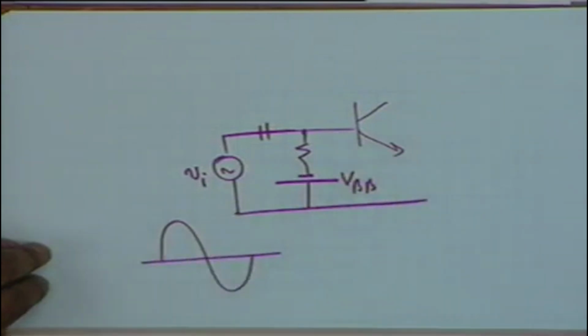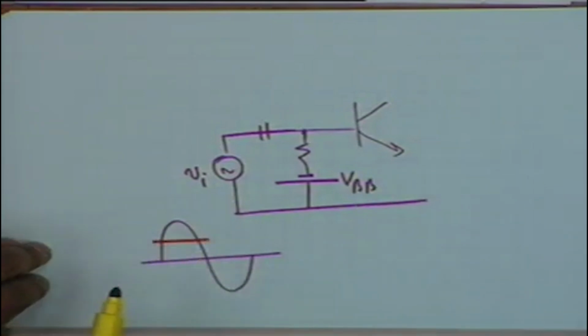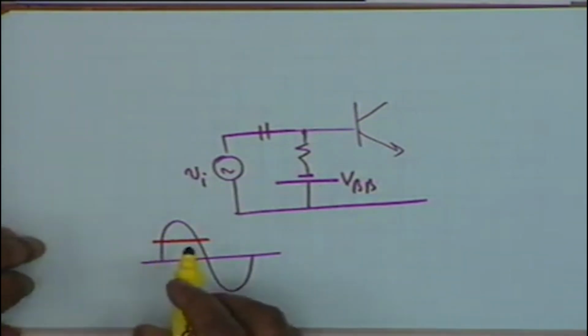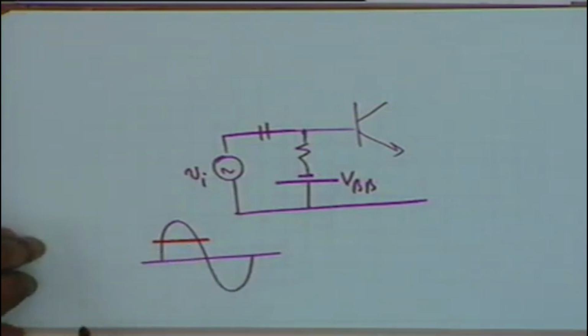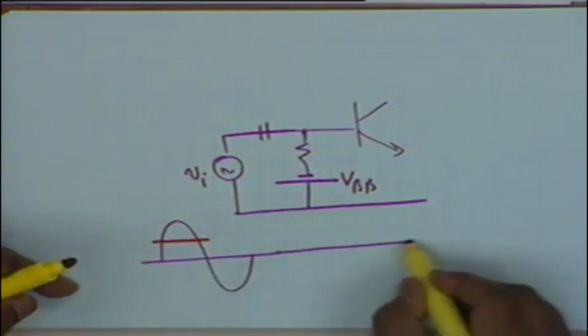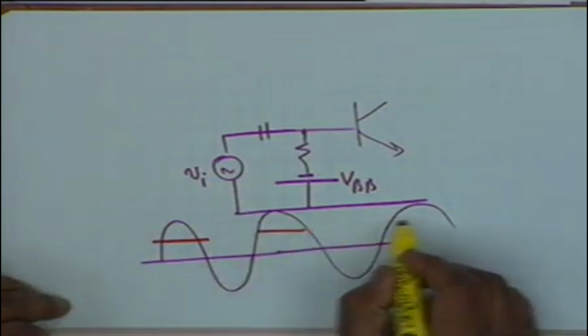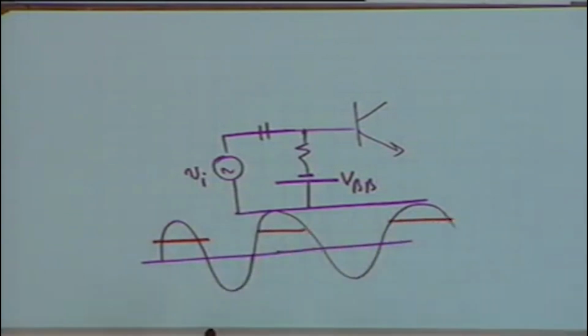Therefore, in the collector circuit only during a part of the positive half cycle the collector current shall flow. In other words, if I continue this, then what you will get is pulses like this in the collector.